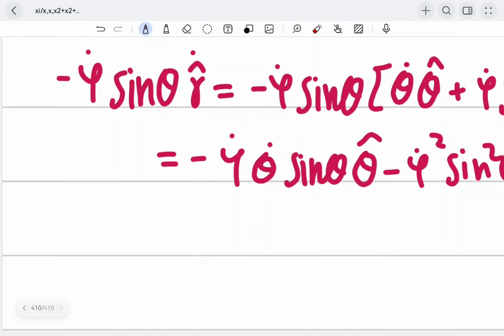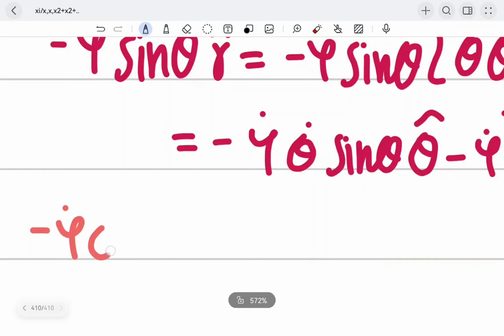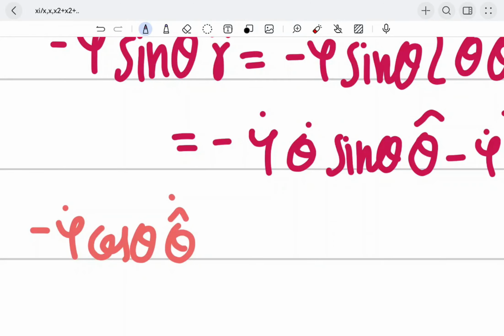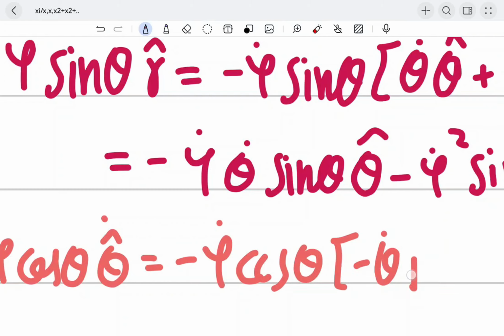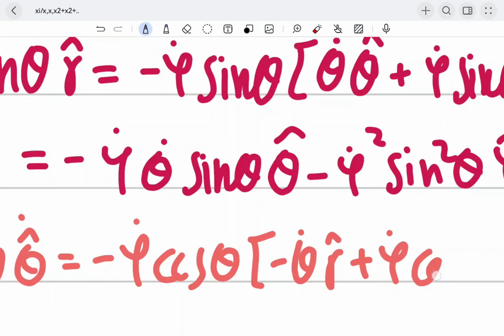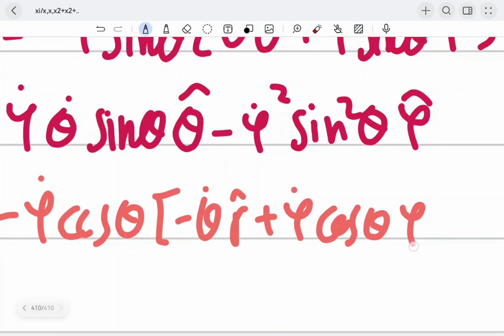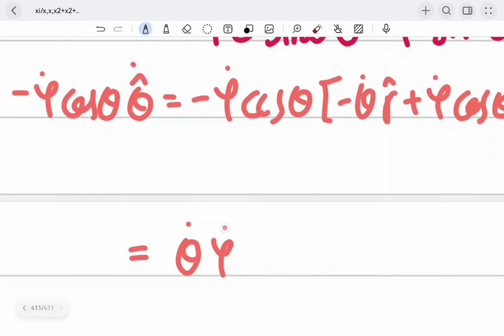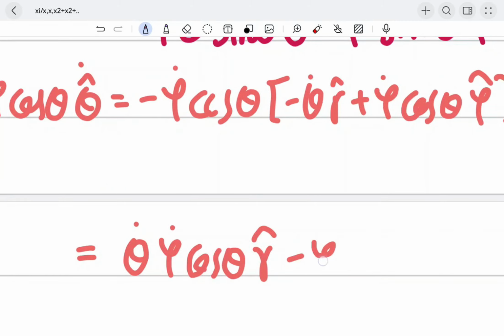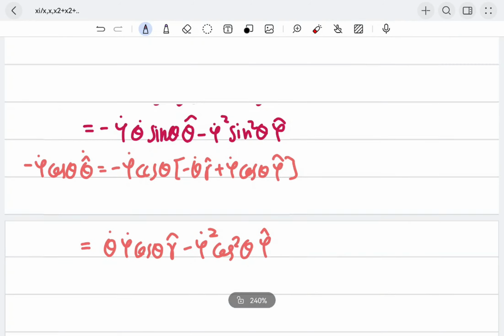And then I'll compute minus phi dot cosine theta theta hat dot, which is minus phi dot cosine theta times minus theta dot r hat plus phi dot cosine theta phi hat. This equals theta dot phi dot cosine theta r hat minus phi dot square cosine square theta phi hat.